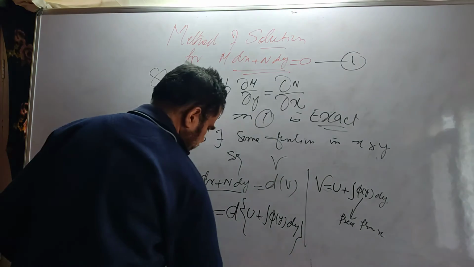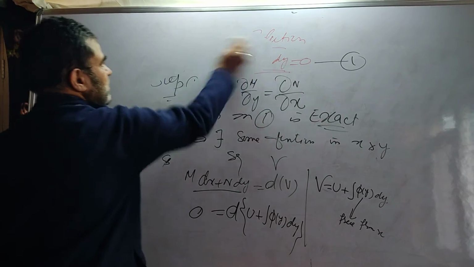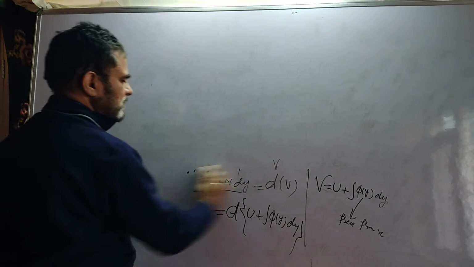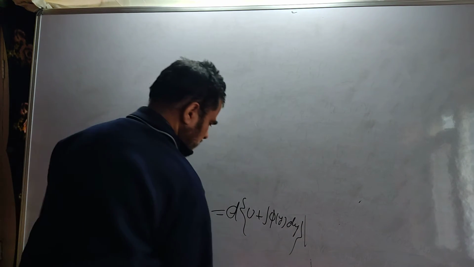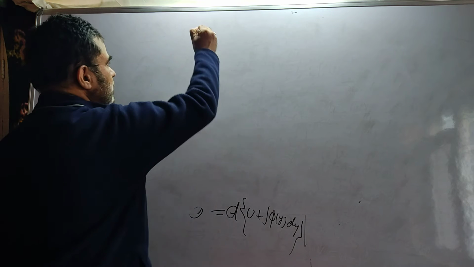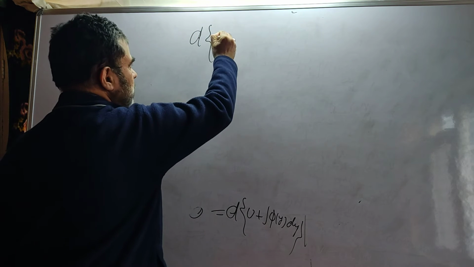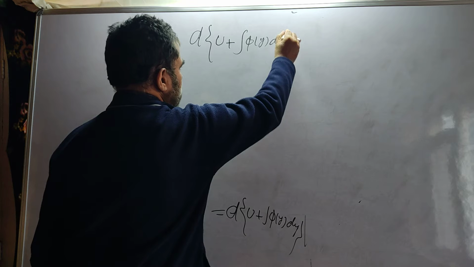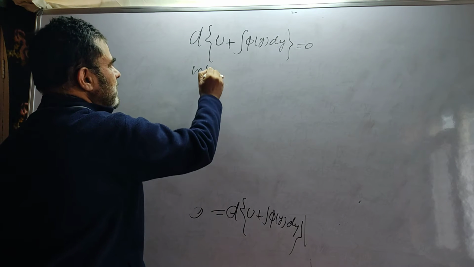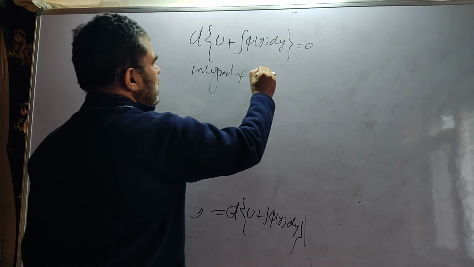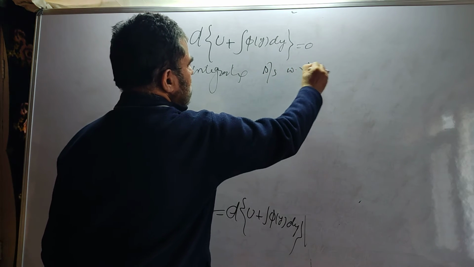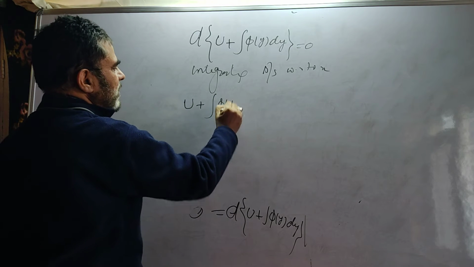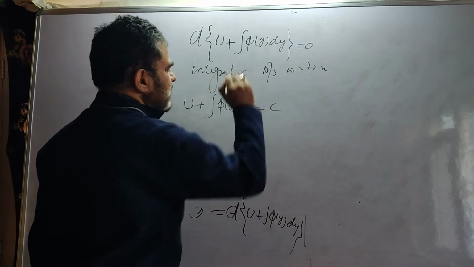We have now got the method of solution. In it, d of u plus the integral of phi of y dy is 0. Now integrating both sides, this will be u plus the integral of phi of y dy equals some constant c.